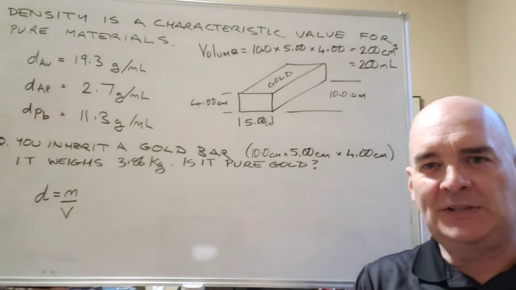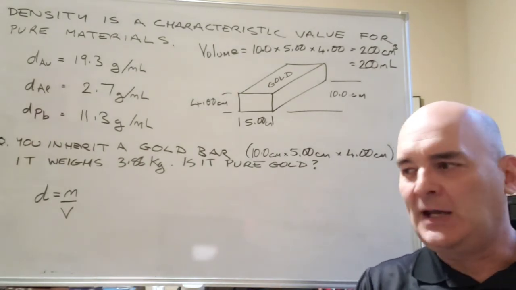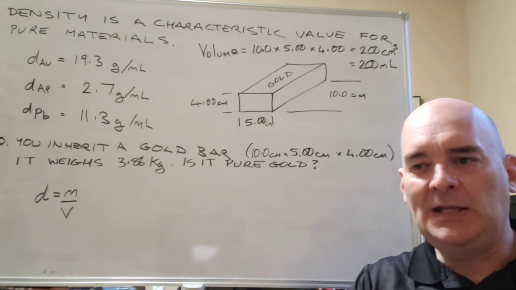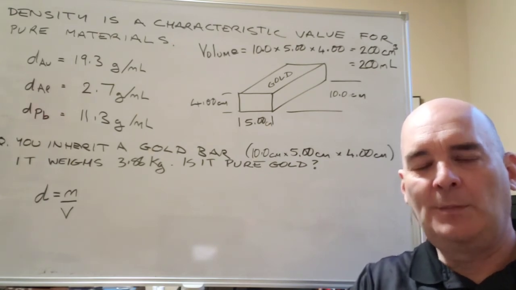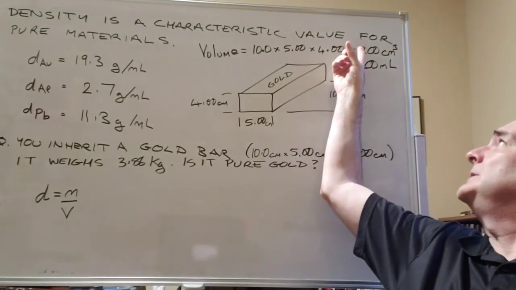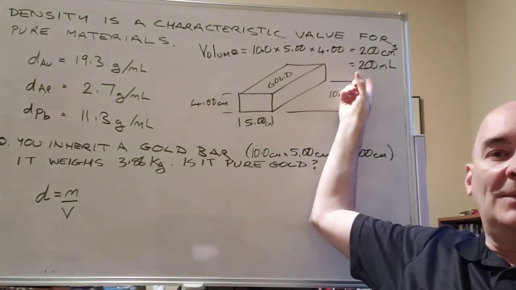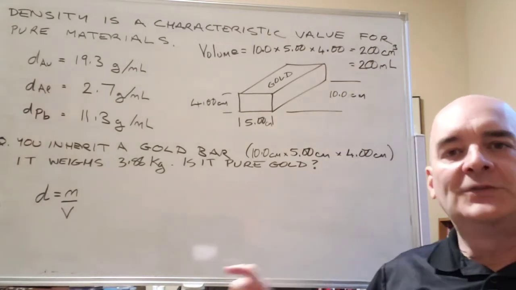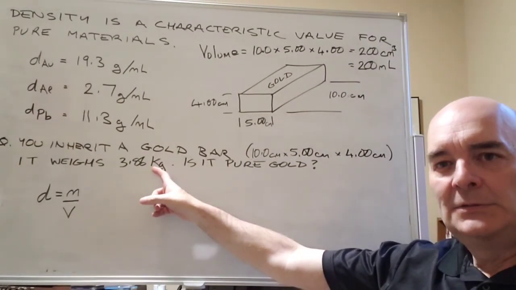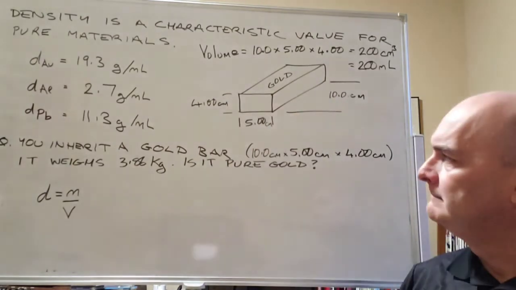You might have heard of cc's. They're what we print on the side of motorcycle engines. And a cc is equivalent to a milliliter. So 200 cubic centimeters is the same as 200 milliliters. So now my question has a mass and a volume.